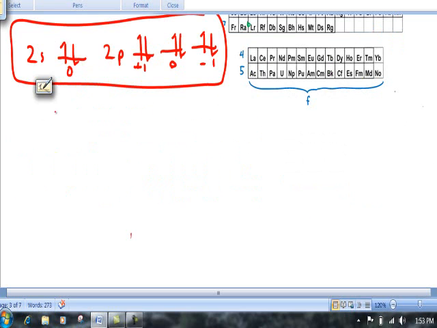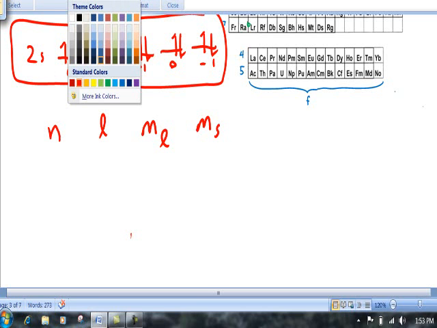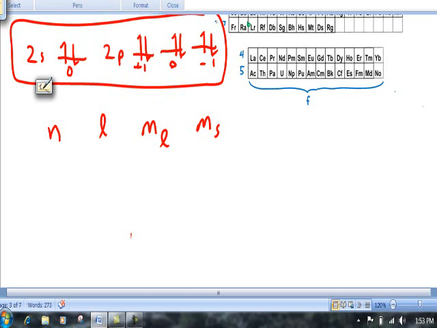The quantum numbers now again go in the sequence of n gets written first, then L, m sub L, and then m sub s. The n is the energy level that we're at, once again focusing on the last electron that got placed into this orbital diagram. So we're going to focus on this electron right here. The energy level that we're at is energy level 2 because this is in the 2p sublevel, so our n value is 2. The L value tells us the sublevel.